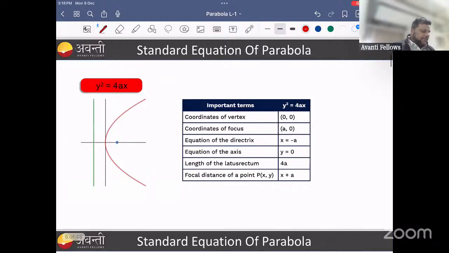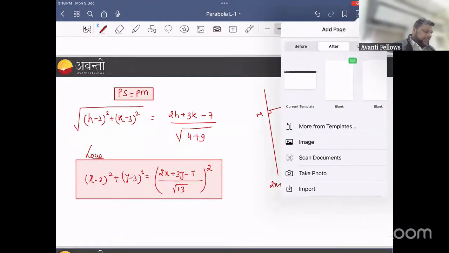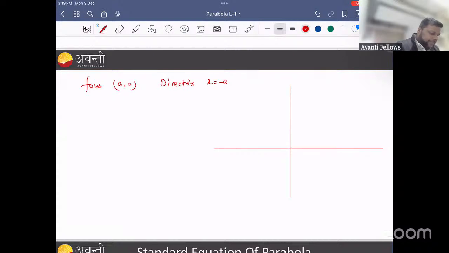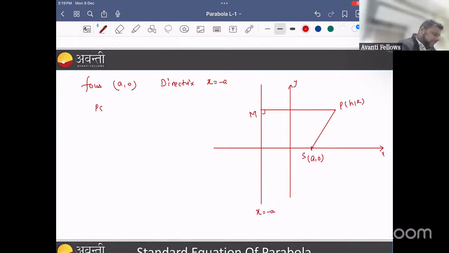Now, as a standard parabola, if I take the focus as (a, 0) and the directrix as x equals minus a, now let there be a point P(h, k) such that PS equals PM.